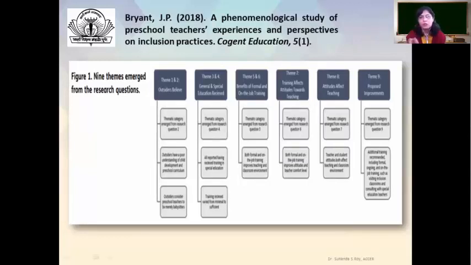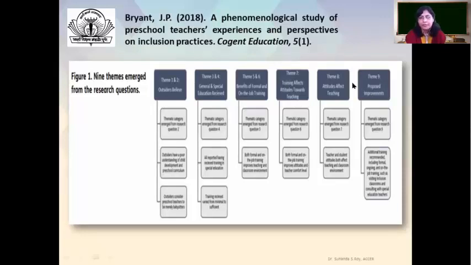I just want to give you an idea of how it is done and how it is seen in a research paper, so that if you read more research papers, you will come to know the process of doing the analysis. What has happened is that 9 themes have emerged. So most probably there were 9 questions.